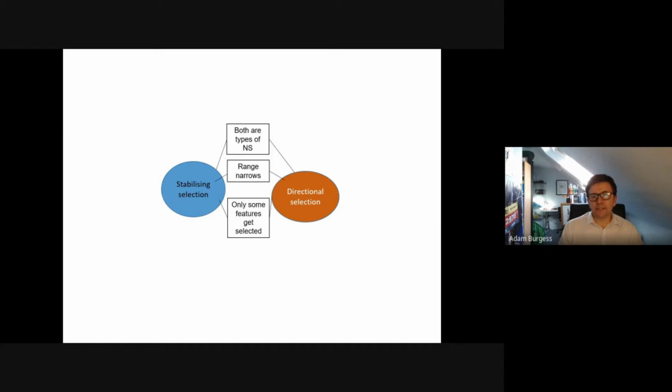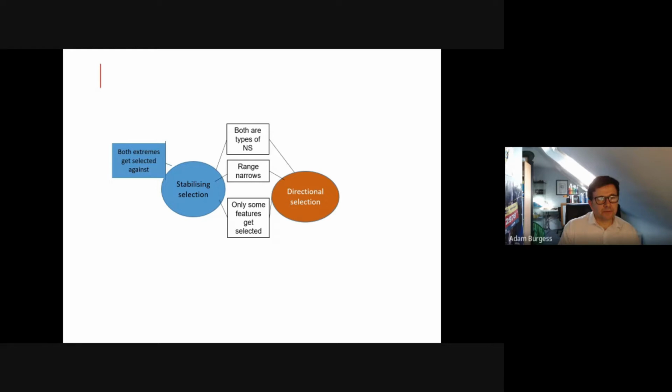And then we need to look at the differences. So we'll go through stabilizing selection. The first is with stabilizing, both extremes get selected against. So both extremes, either side of that bell curve, if you remember, and the range narrows. In fact, I found I could do this the other day.